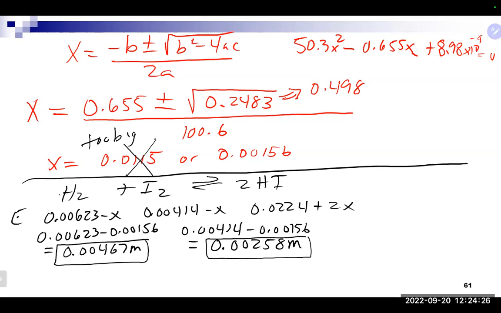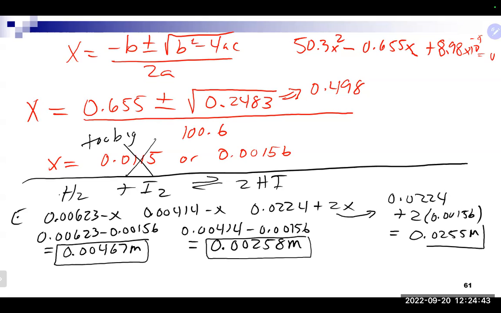And lastly, for our HI, it's important here not to forget the first part: 0.0224 plus 2 times 0.00156. And that gets us 0.0255 molar in this case.